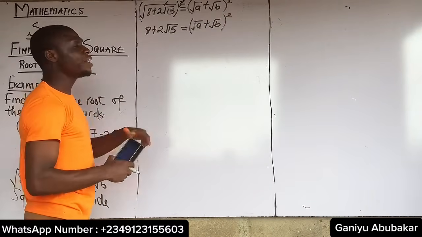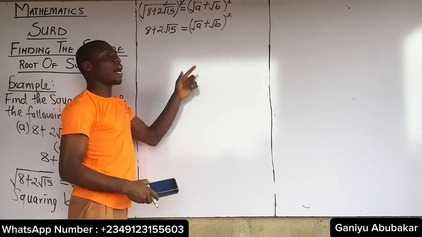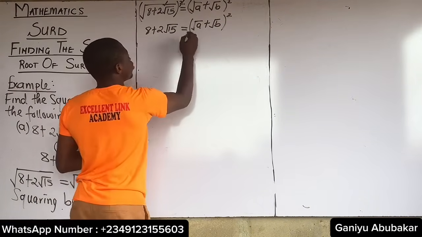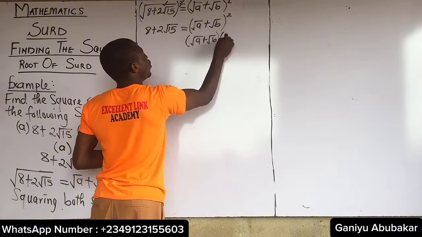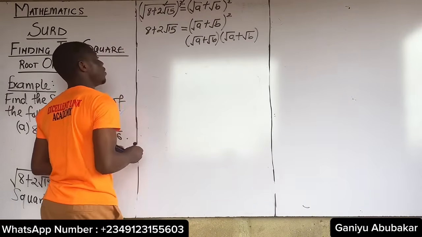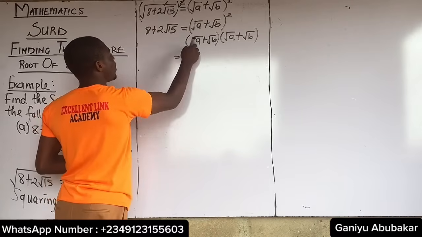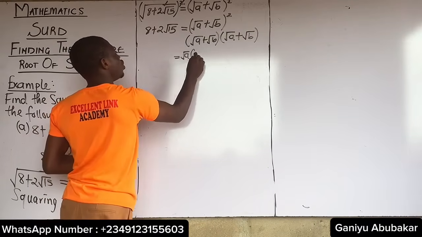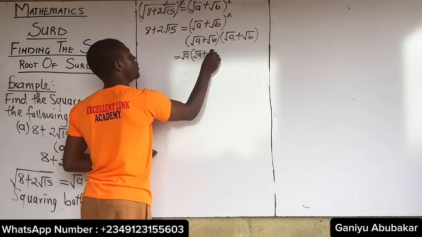The concept behind root a plus root b all squared is that root a plus root b are multiplying themselves twice. So we have root a plus root b into root a plus root b. Apply the concept of binomial theorem. I'll pick out root a first into everything here, root a plus root b.